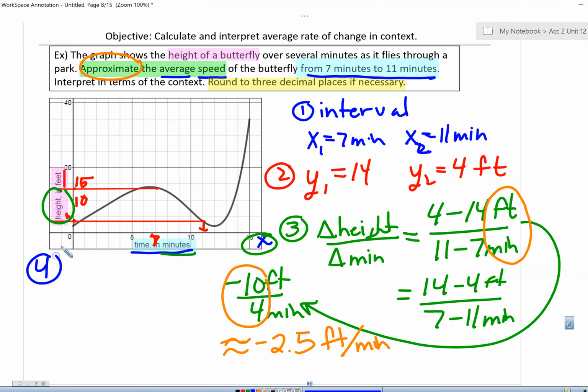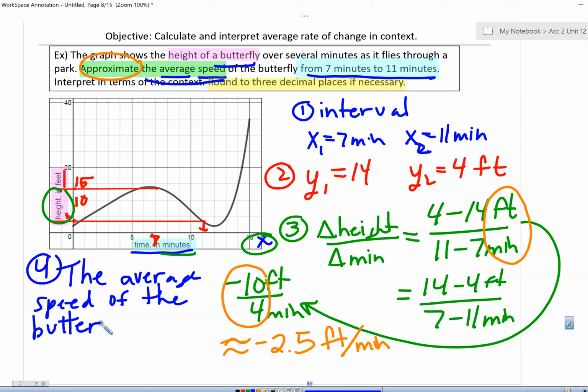So this is an average speed of a butterfly in this case. So the average speed of the butterfly, I want to make sure that I include my interval, because the average changes if I change my x values.